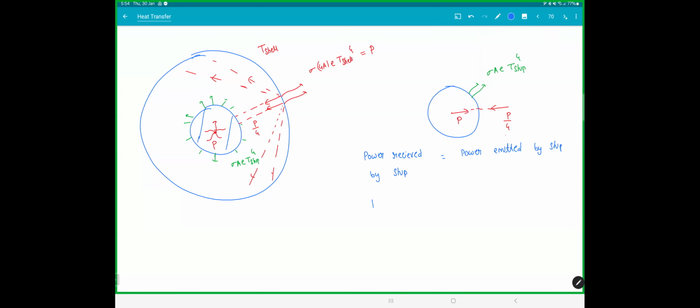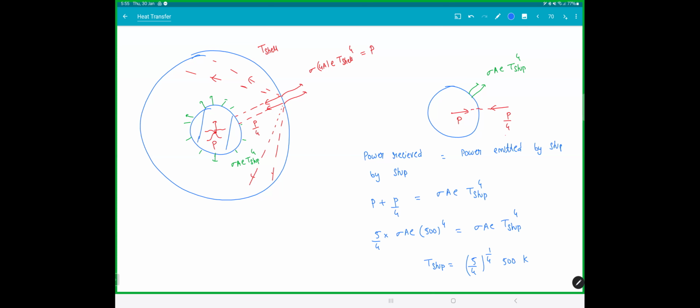You're receiving P internally and P by 4. This must be equal to sigma AE T ship power 4. This is 5P by 4, but what is P? P itself is sigma AE 500 power 4. So we have T ship as 5 by 4, whole to the power of 1 by 4, times 500. Check.